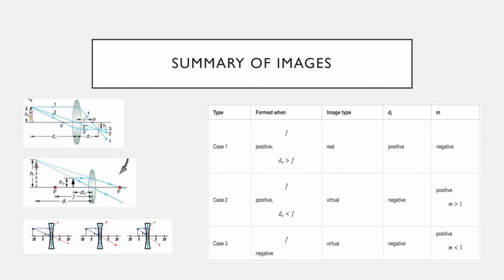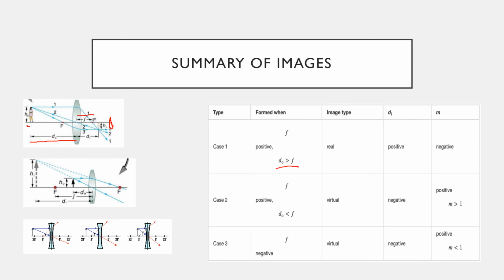So just to summarize the three types of images formed by these lenses. In case 1, we had a positive f because do, the distance to our object, was greater than our focal length. So do is greater than f. And we have a real image because the object is on the opposite side from the image.